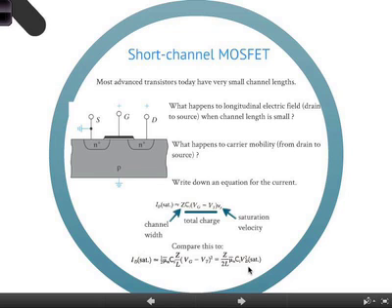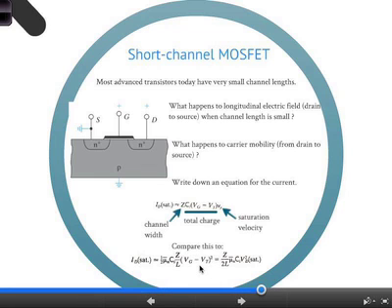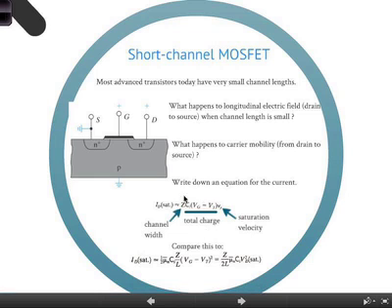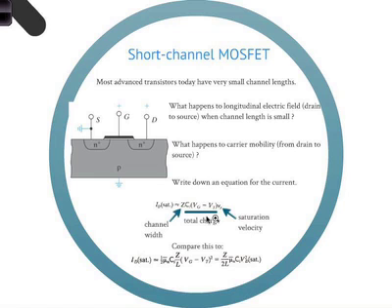The difference clearly is that the saturation current here is proportional to the square of Vg minus Vt, whereas the saturation current here is proportional to Vg minus Vt. So the key difference is, if I plot my VD ID curves, if I increase this, these become equidistant as opposed to being nonlinear.